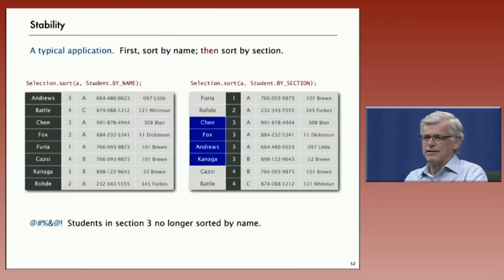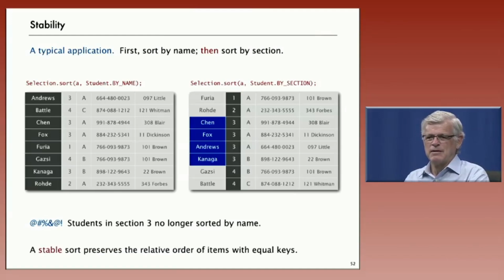And clearly, it's worthwhile to think about, for your application, whether you want or need a stable sort. It's an annoying surprise for many people in many applications. So a stable sort is a sort that preserves the relative order of items with equal keys. Which of our sorts are stable? That's an interesting question that we'll take a look at now.